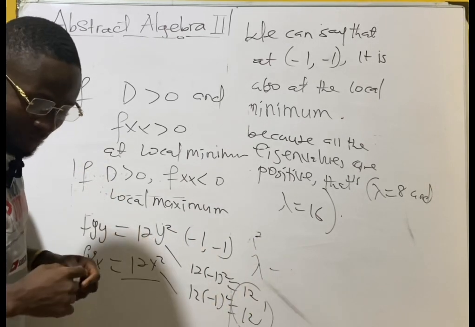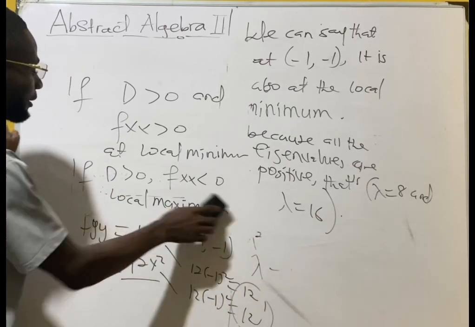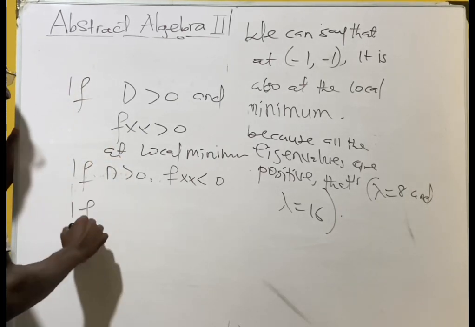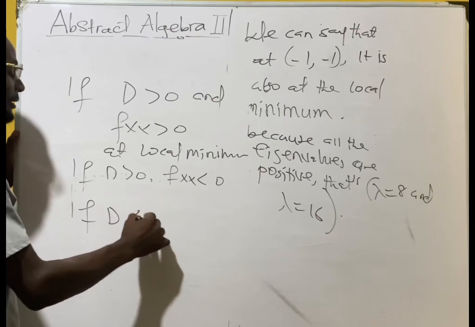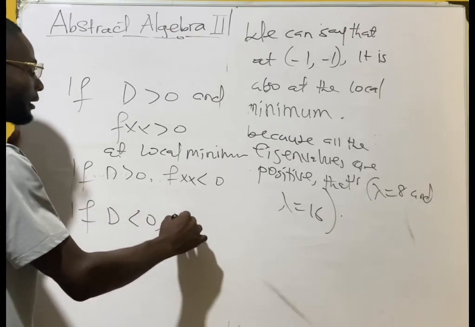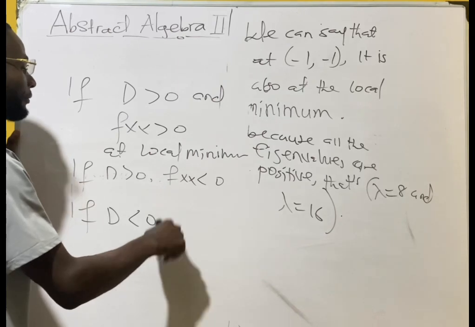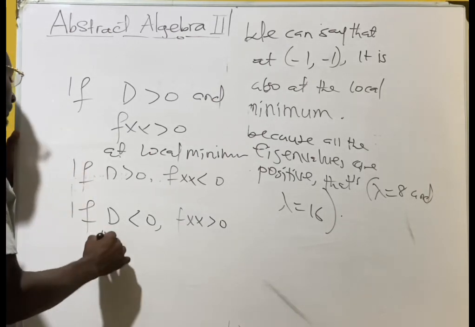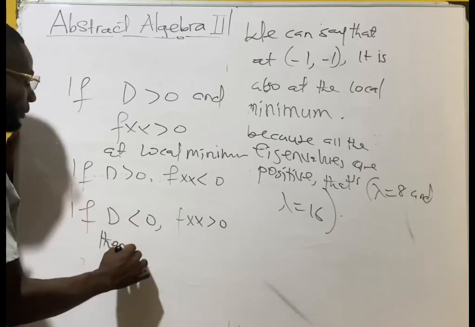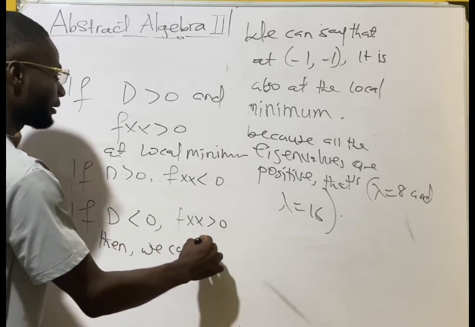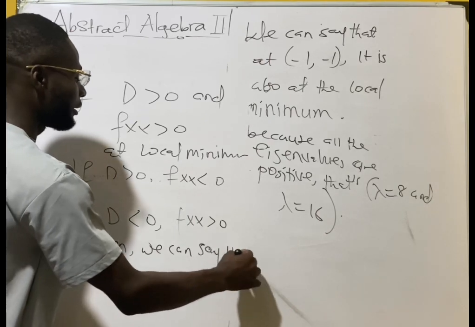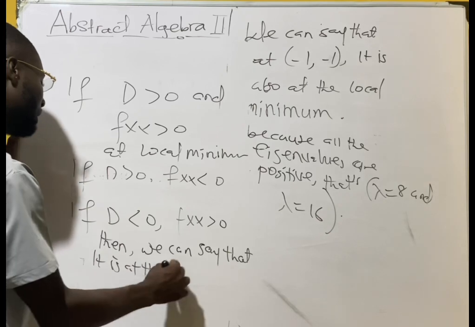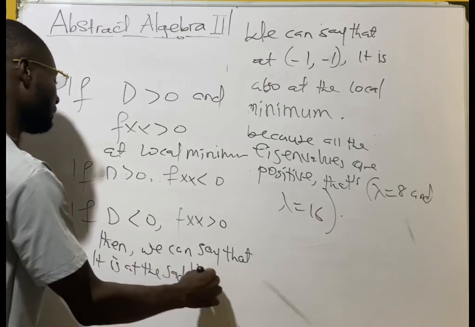But if you find the determinant, if the determinant is less than 0 and fxx is greater than 0, then we can say that it is at the saddle point.